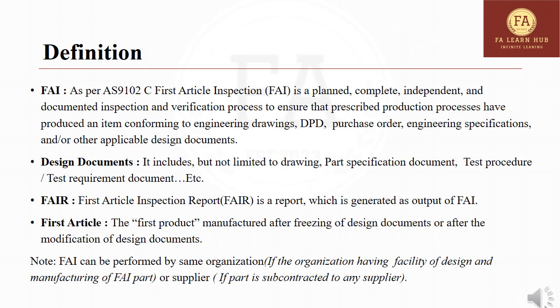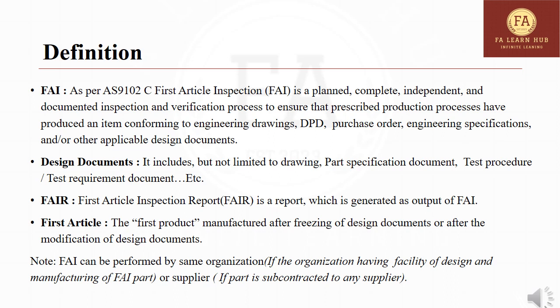Definition of FAI as per AS9102C, the current revision of this document. First article inspection is a planned, complete, independent, and documented inspection and verification process to ensure that prescribed production processes have produced an item conforming to the engineering drawing, TPD, purchase order, engineering specifications, and other applicable design documents.